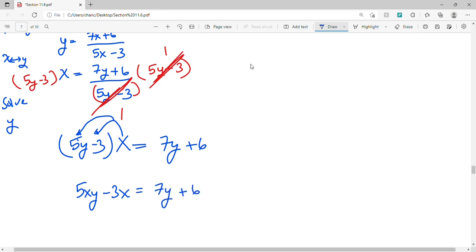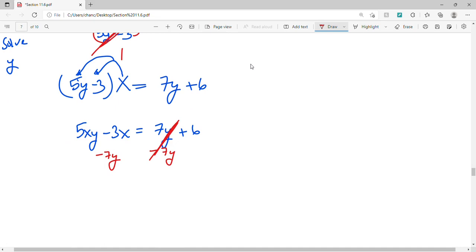Just like in the previous example, we want the y on one side of the equation. That means we need to add and subtract some terms. I'm going to subtract 7y from both sides first. And that's going to cancel this out.